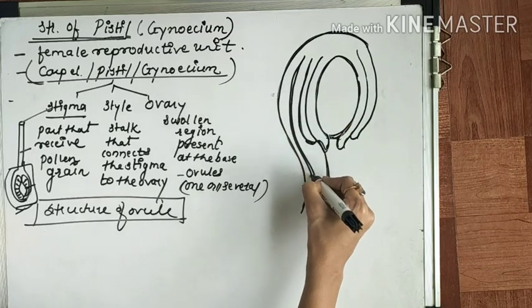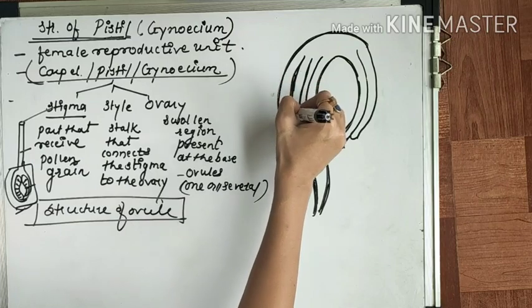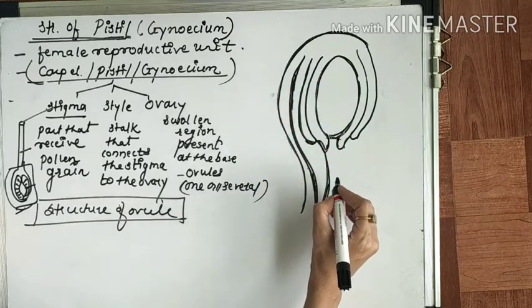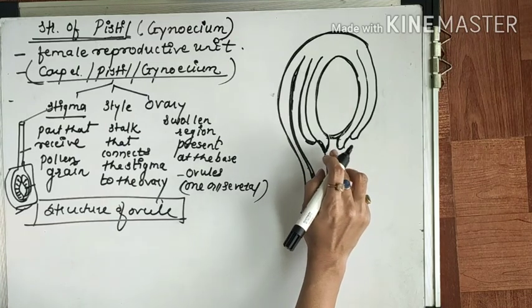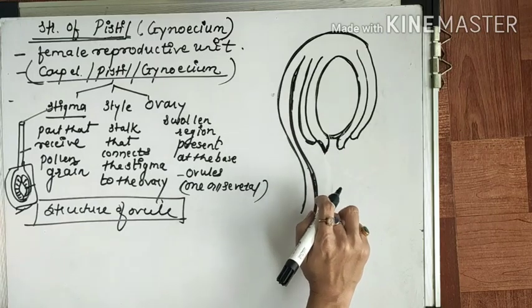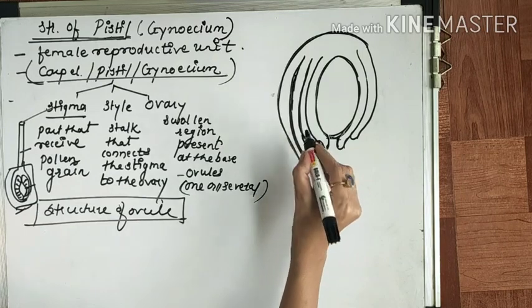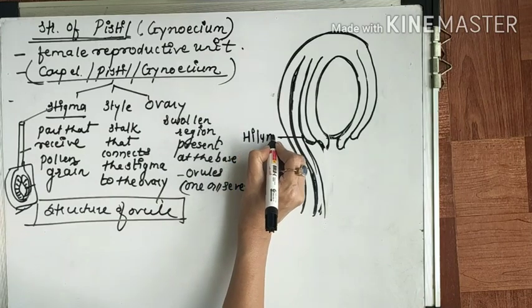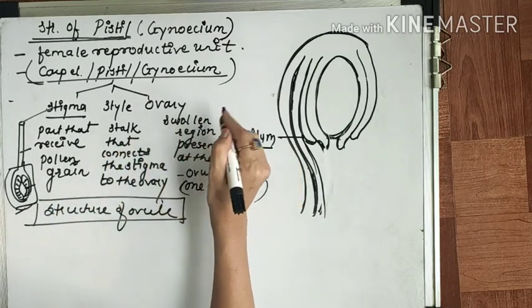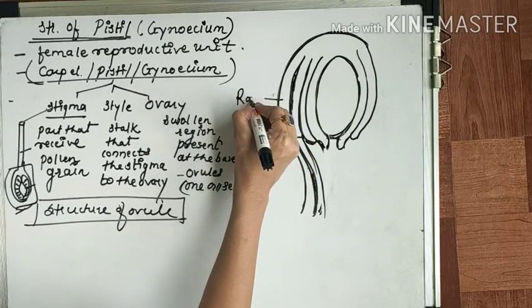So in this way you can draw the structure of ovule, right? You can see here the point of attachment of this structure. Sorry, it's not here. This point is called hilum. And you can see this is called raphe.